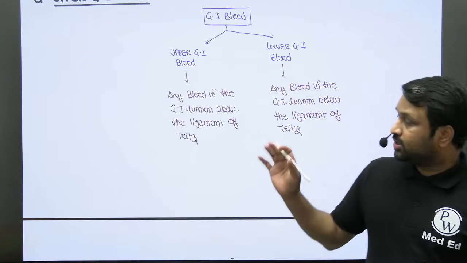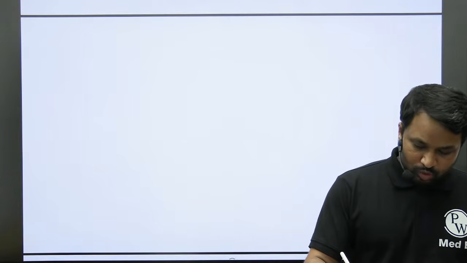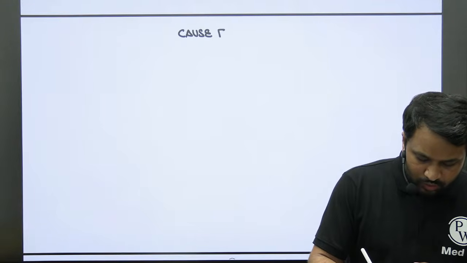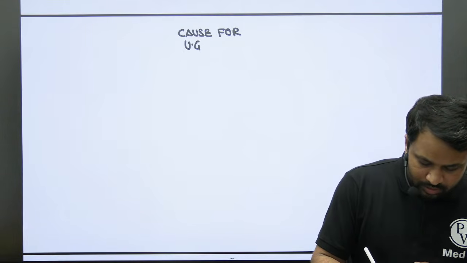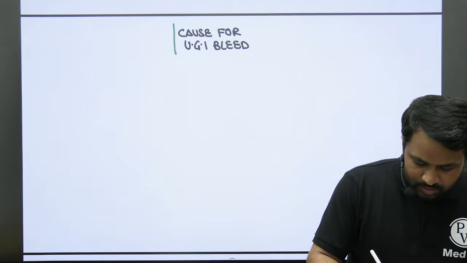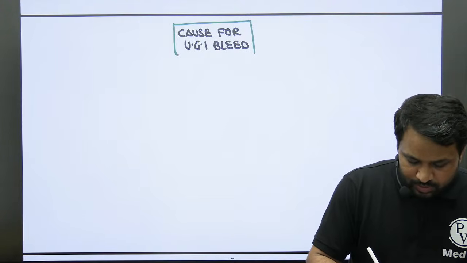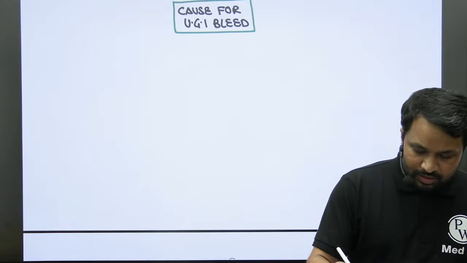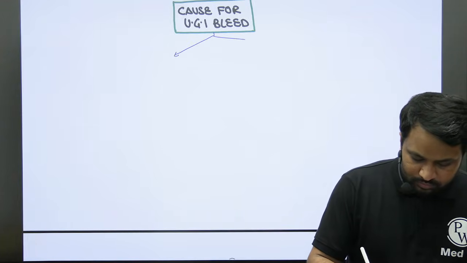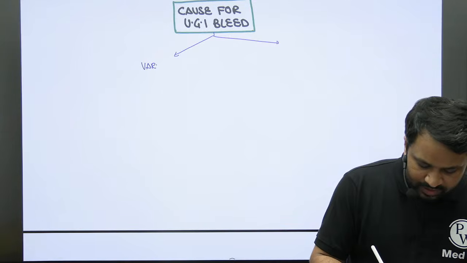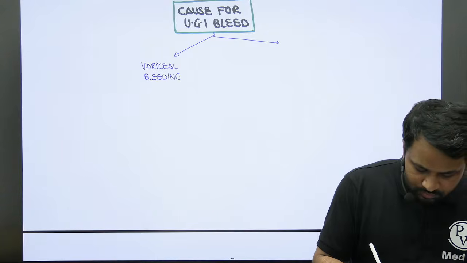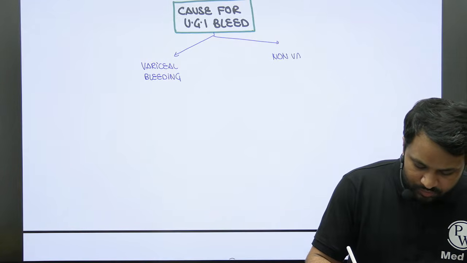The causes for the upper GI bleed, we can categorize into two major causes. One we call the variceal bleeding, another one is your non-variceal bleeding.